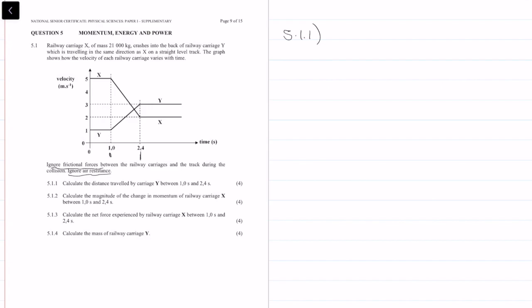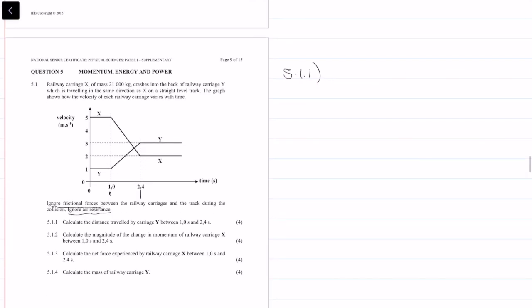To get from a velocity graph to our displacement, or our distance, we use the area under the graph. So we want this area right here.